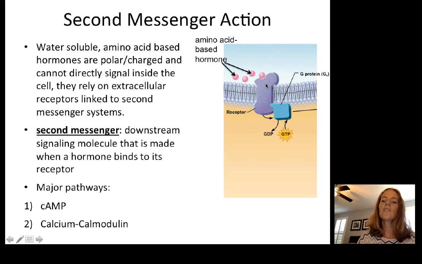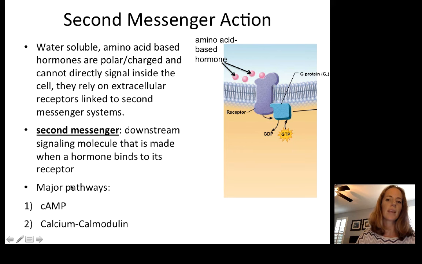And then the change in the extracellular receptor that happens from the binding of the hormone will change a domino effect of molecules within the cell. The first thing that changes will be the G protein coupled receptor, and then several other downstream molecules. The last and final molecule that it affects before it makes major changes to the cell is called the second messenger.